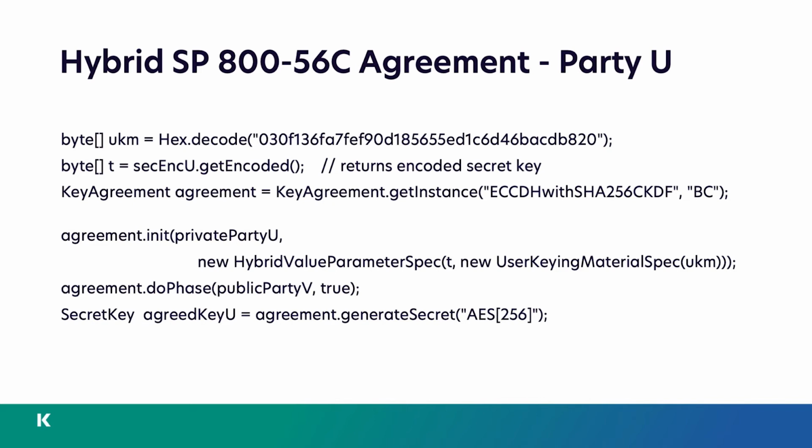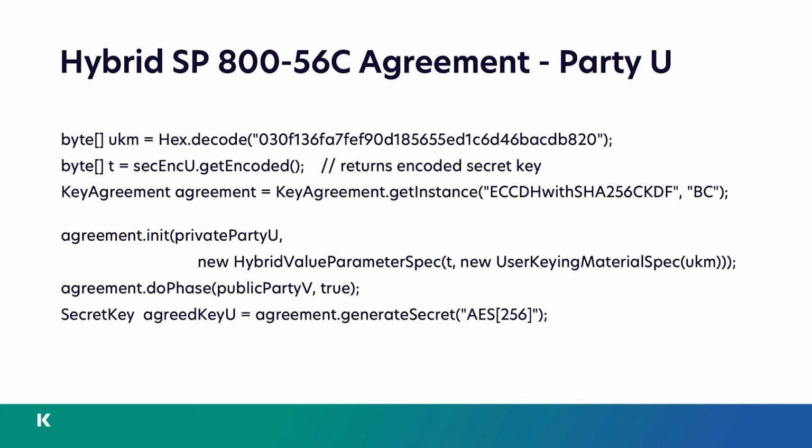Again, we have the T value from our PQC, and again we request a key agreement in similar fashion, and we initialize the agreement using party U's private key. This time we build the hybrid value parameter spec using the T value and the user keying material, and then we do the agreement using party V's public key, and then we get our agreed key for party U.